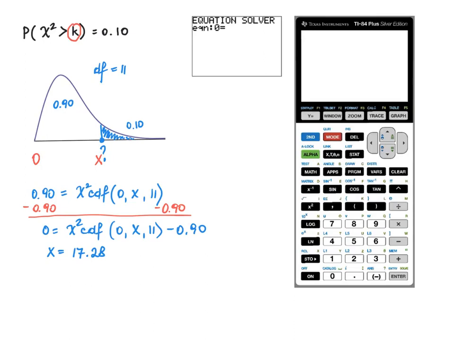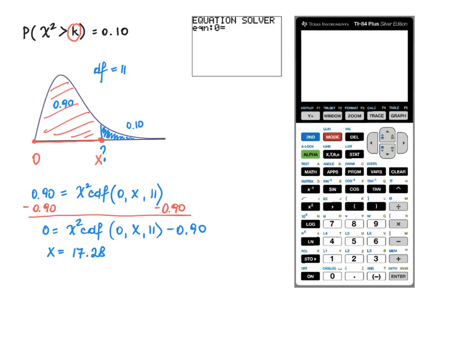So again, I am saying that there is 90% of area within the interval between 0 and the unknown point x. That's what this equation is saying: 90% of area between 0 and unknown point x with 11 degrees of freedom, and I'm using the chi-square CDF function to produce this area.